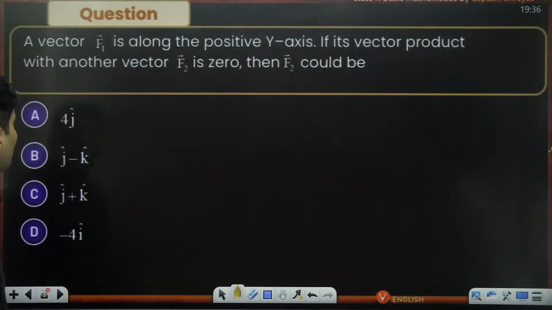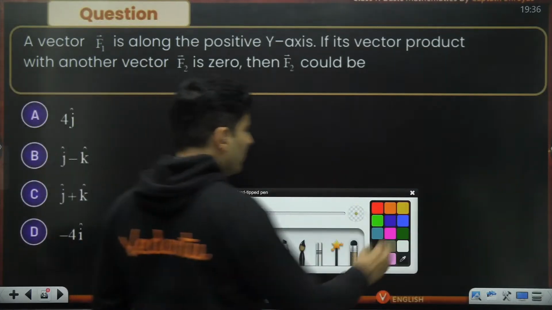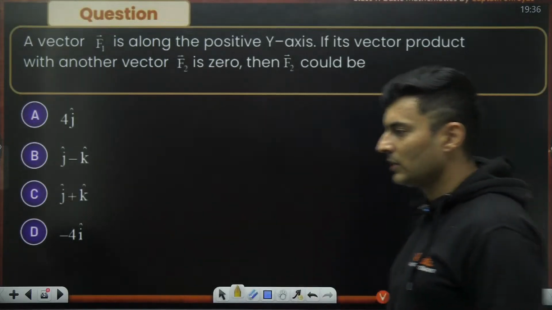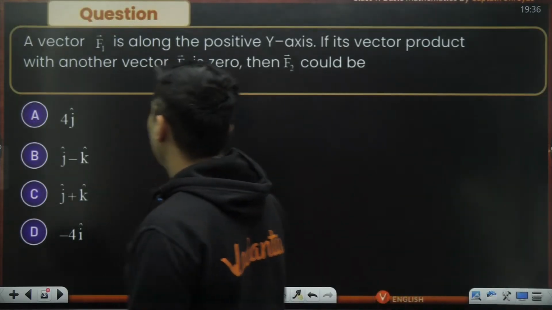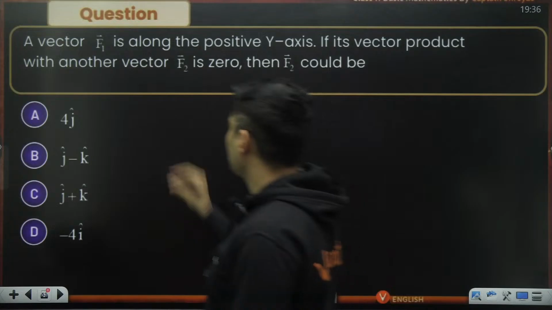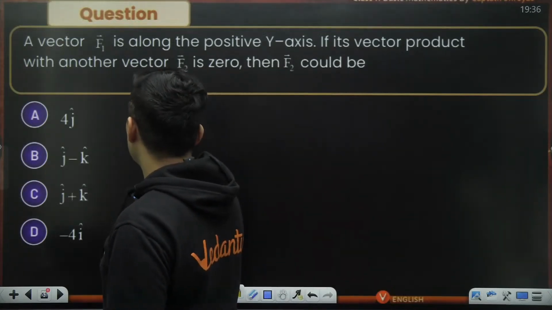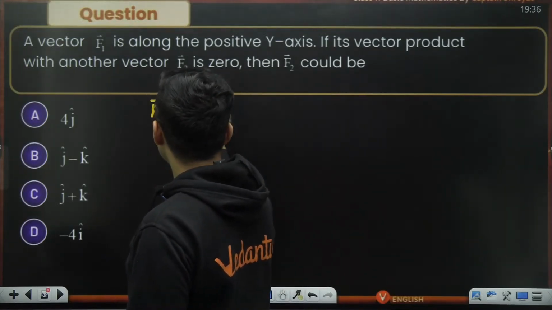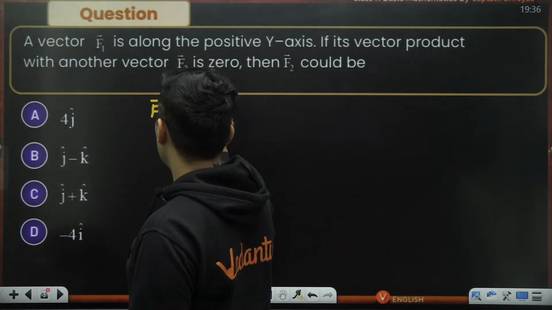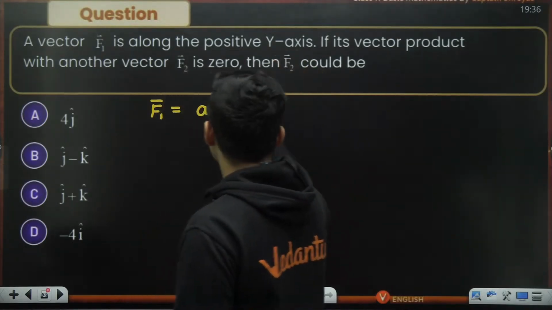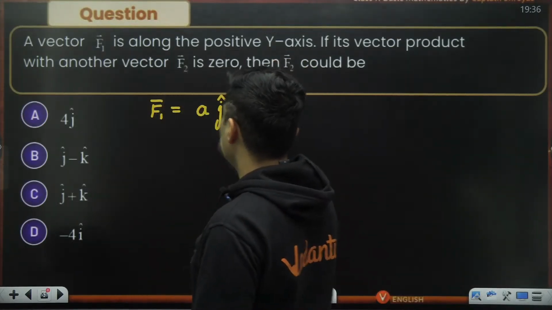Okay, let's see. A vector is along the positive y-axis, and if the vector product with another vector is 0, then F2 could be. Come on, think about it. Vector F1 is along the positive y-axis. So F1 bar will be some number, let's say A, along the positive y-axis, that means A j cap.